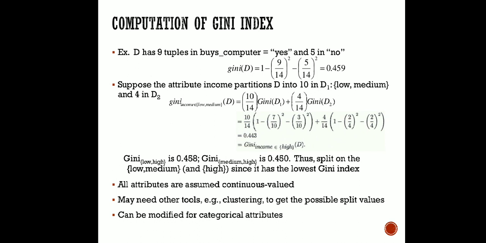Now out of these 10 values, where the income is either low or medium, if you follow the training set, the chances of purchasing the computer or not purchasing are 7 and 3. Just verify it, which one is 7 and which one is 3.